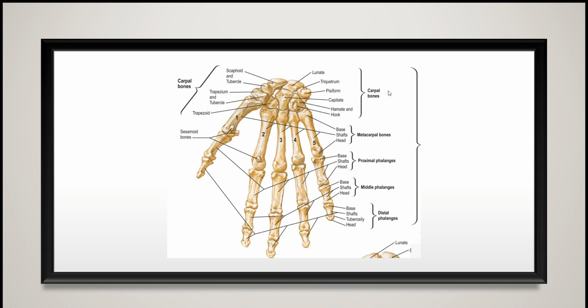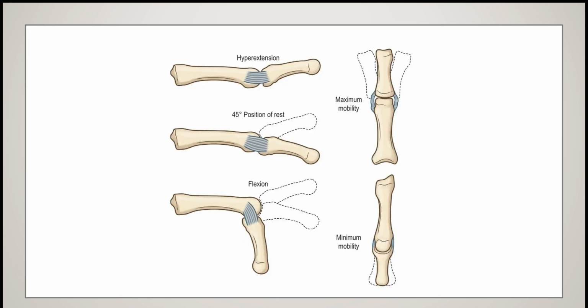Now the unique thing about the metacarpophalangeal joint is that it allows some adduction and abduction, especially when it is extended, because of the cam effect.